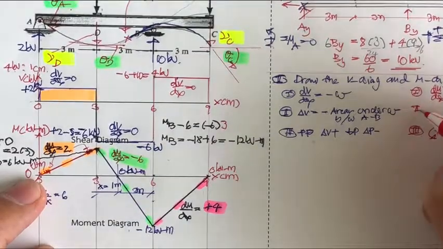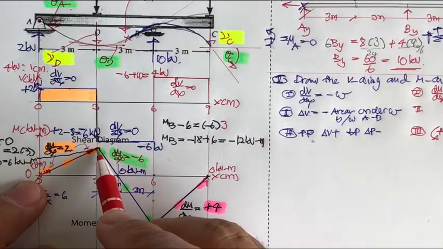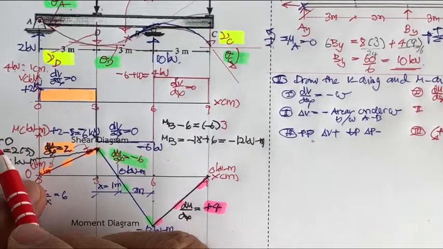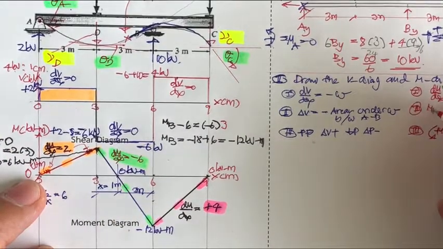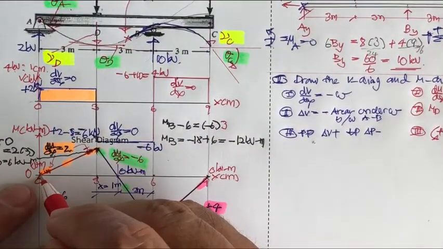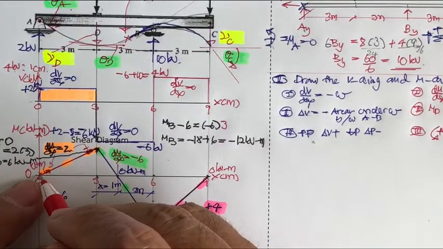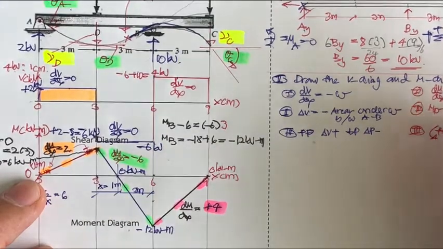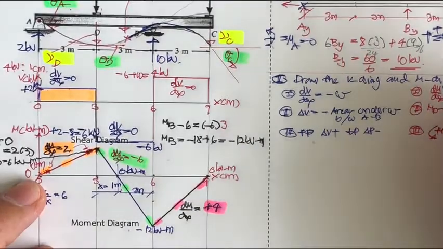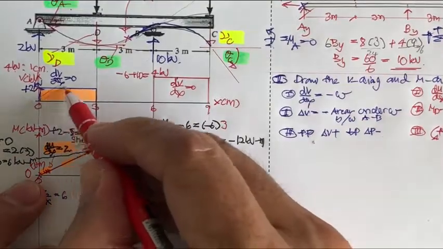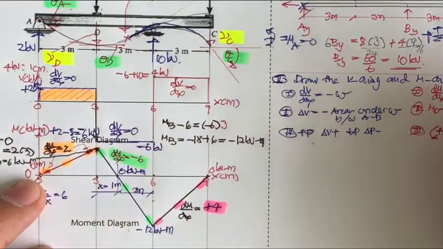And then you have to find M sub D minus M sub A. So we have it equal to the area of the V diagram.